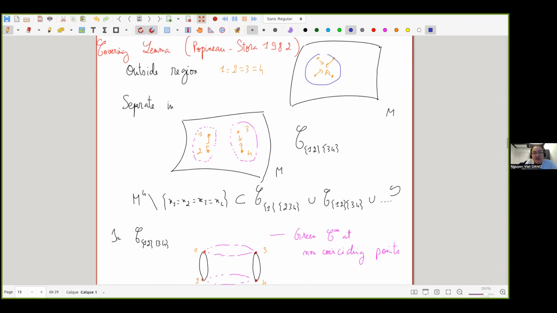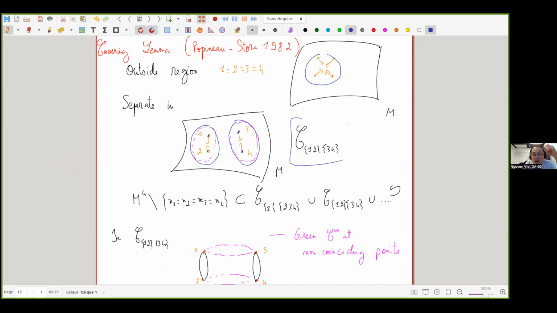In this subregion, the point 1 and the point 2 can collide together, the point 3 and the point 4 can collide together, but no point here can collide with a point here on the right. You see, the points 1, 2 cannot collide with a point in the group 3, 4.